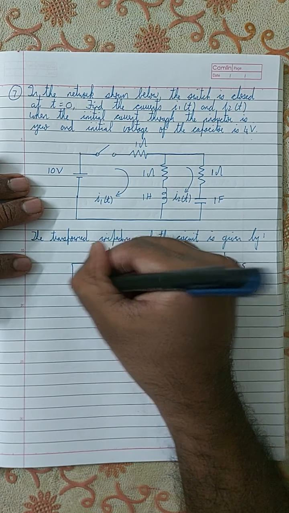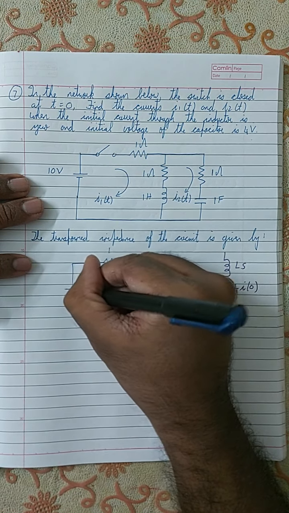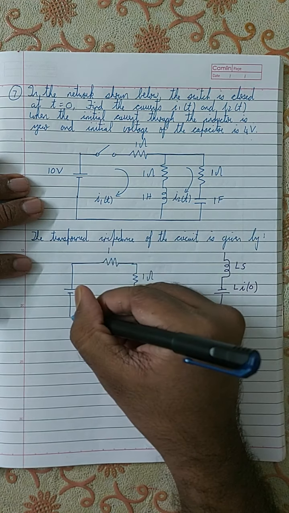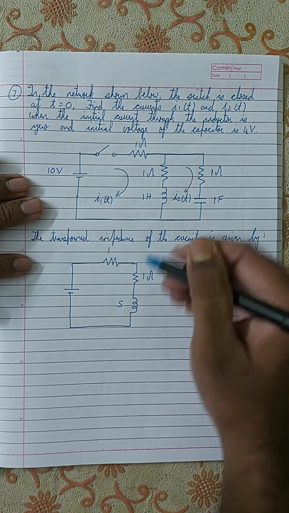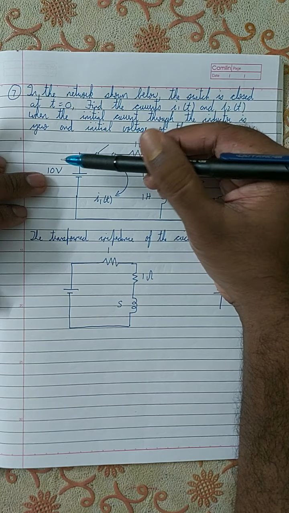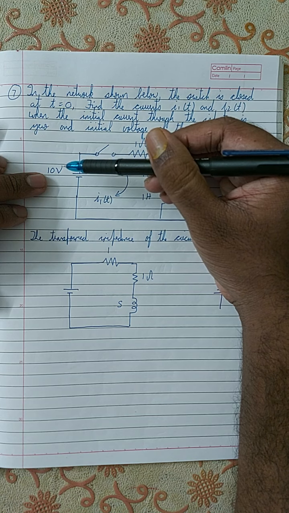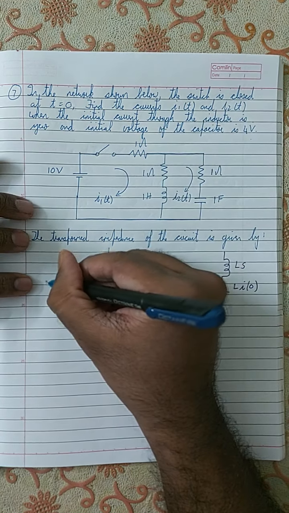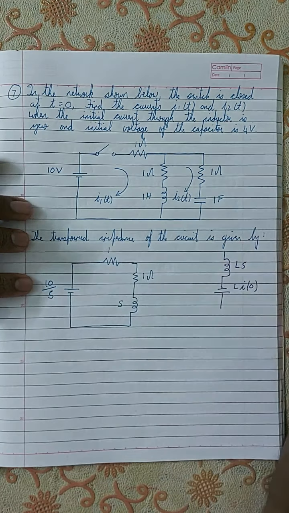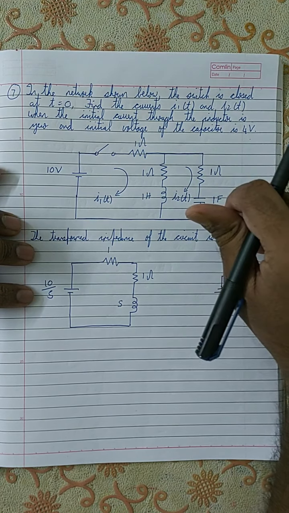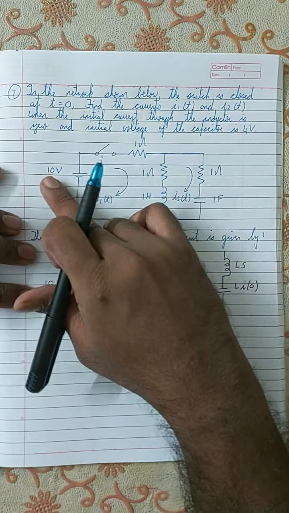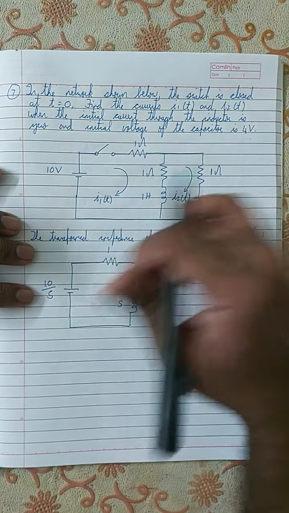And here there is a positive voltage whose value is 10 volt. What is the Laplace transform of 10? The Laplace transform of 1 is 1 by s, so the Laplace transform of 10 is 10 into 1 by s, which is 10 by s.